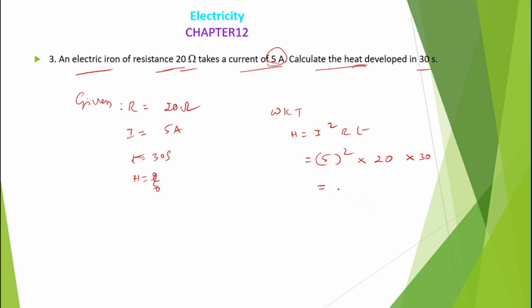If you simplify this, you will get 15,000 joules. If you shift the decimal point to here, you will get 1.5 into 10 to the power of 4 joule. So the heat developed in 30 seconds, H is equal to 1.5 into 10 to the power of 4 joule.